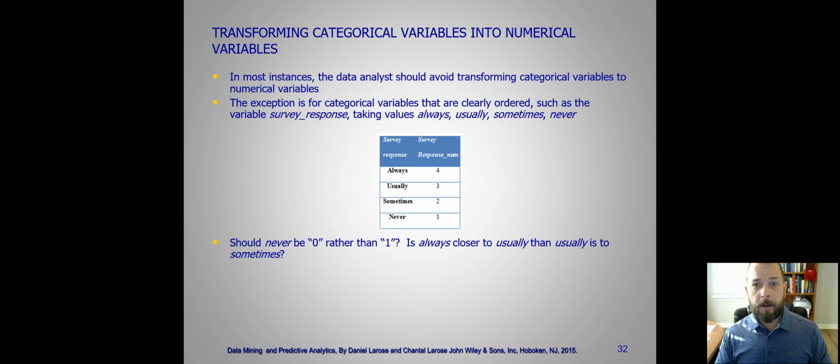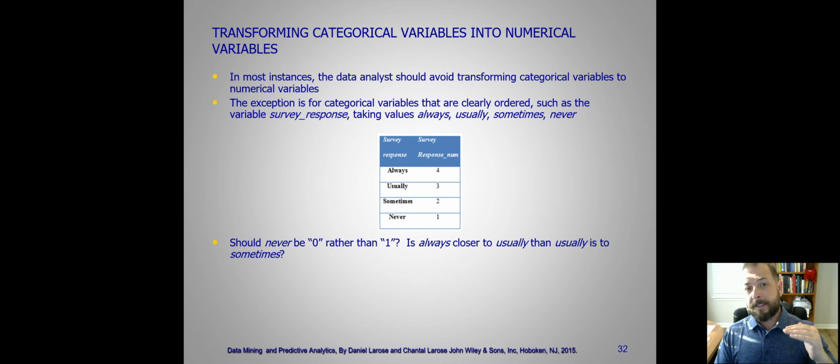You can assign numbers to them if they have a specific order. In this text, we use always, usual, sometimes, and never as an example. Another example may be high school: freshman, sophomore, junior, senior obviously has a progression to it, and therefore an order.